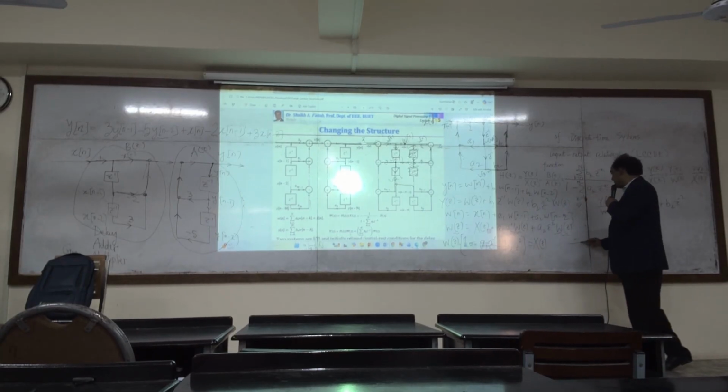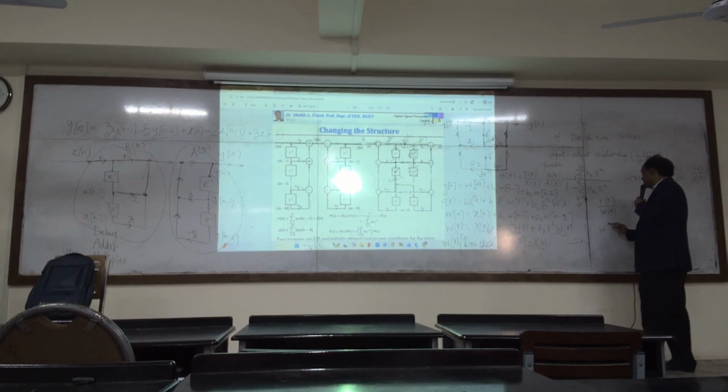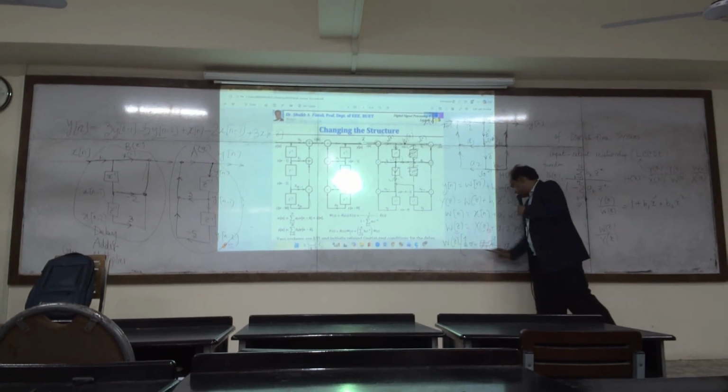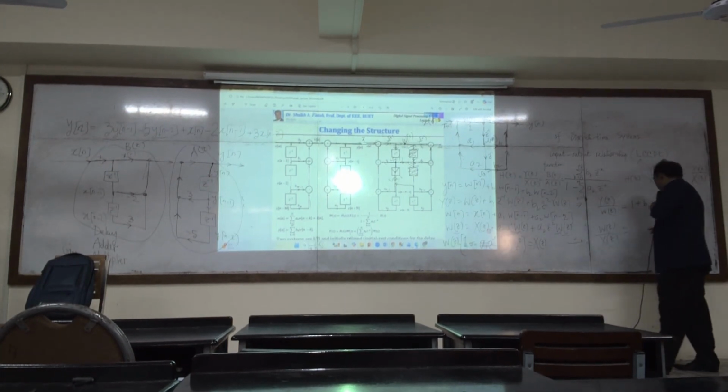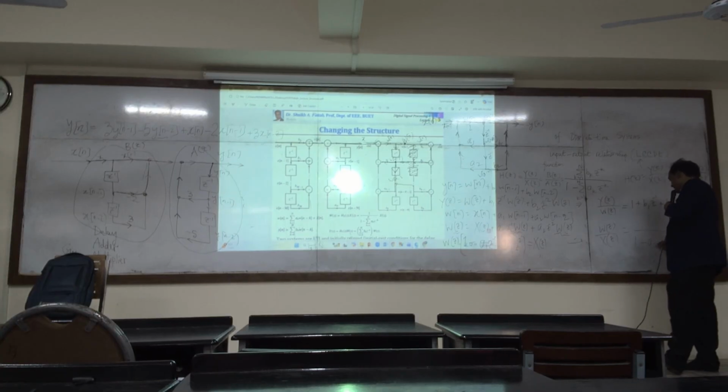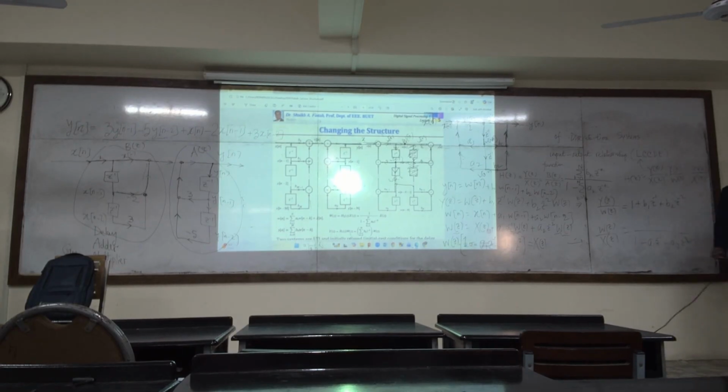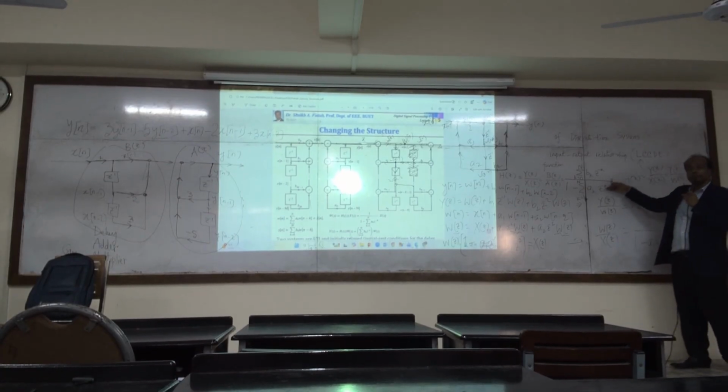That will give me Wz by Xz, so Wz by Xz equal to 1 by 1 minus a1 z inverse minus a2 z to the power minus 2. You see the same expression? If you now plug it here, it gives exactly the same.